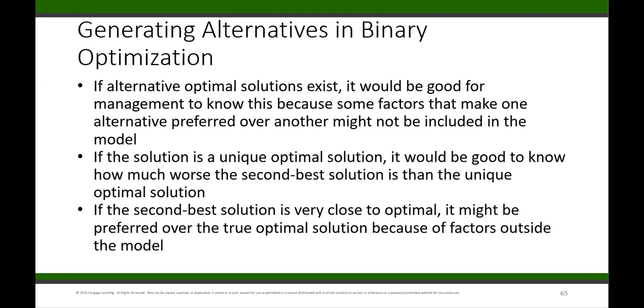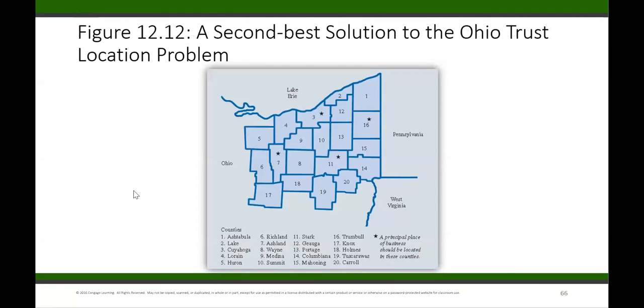So the way it works, and we're going to use the Ohio Trust location problem that we solved. Just to remind you, in the Ohio Trust location problem, we were looking at a region with 20 counties, and Ohio Trust Company was looking at the minimum number of PPBs, principal place of business, in order to be able to cover the whole region, the whole county.